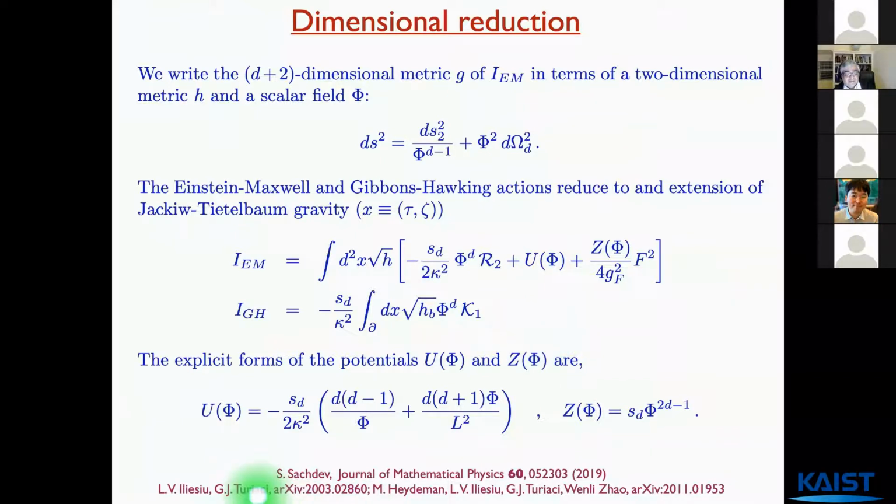But there are a very nice couple of recent papers by Iliesiu, Turiaci, and a couple of other people, which go into this in great detail, not just for Einstein-Maxwell theory, but also for various supersymmetric black holes. The same procedure applies there too, and gives you corrections to the entropy that had been obtained earlier by string theory beyond the leading large N limit.